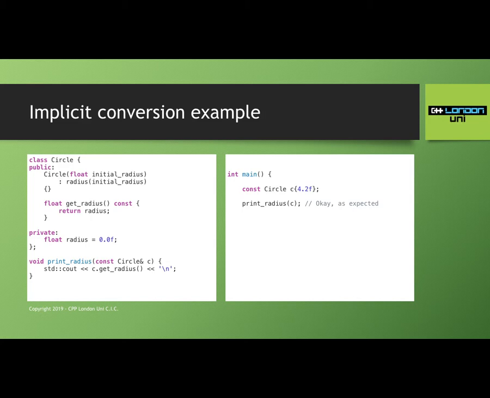So this is fine, this is good, this is what we want. In fact, if we want to, we can do it all in one step. We can construct a circle sort of in the function call, if you see what I mean. And again, this is going to do exactly what we expect. It's going to print out the radius 4.2. All good, excellent.